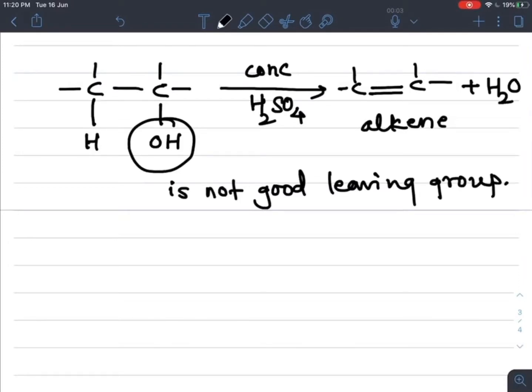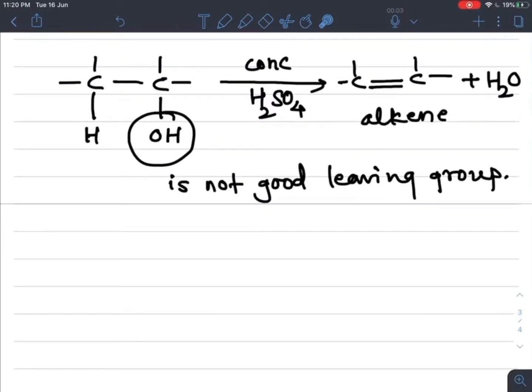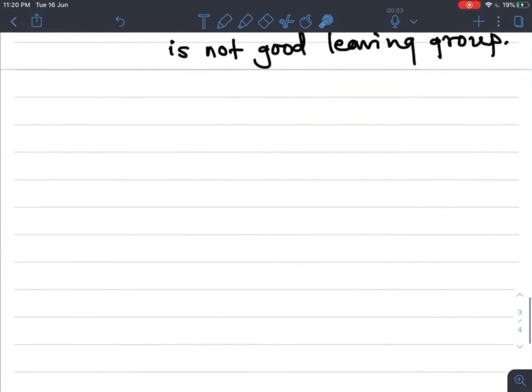So concentrated H2SO4 is used to remove this OH by protonation of the alcohol. What happens during the mechanism we'll see afterwards, but first we'll see how the reaction takes place with primary, secondary and tertiary alcohol on dehydration.